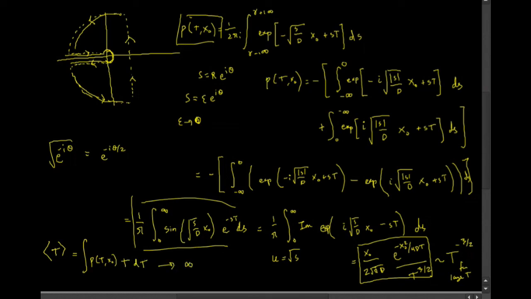If you look at the big T behavior and put in t to the minus 3 halves, you'll be integrating t to the minus 1 half, and that gives you a square root of t evaluated from 0 to infinity, and that diverges.